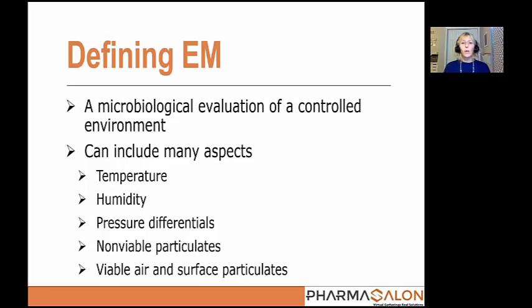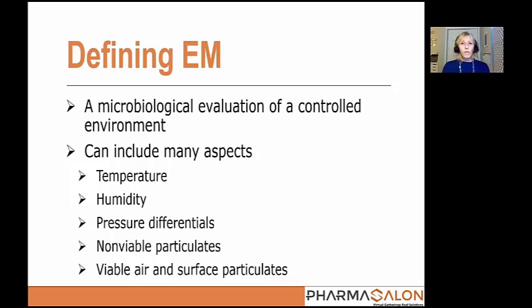All right, so I wanted to define EM before we get too far along here. When we talk about EM, or environmental monitoring, this is really a microbiological evaluation of a controlled environment. Now, EM can be done for other things, right? Temperature, humidity, those sorts of parameters. But as we dive into this, we're going to be talking about EM as it relates to the microbiology piece.